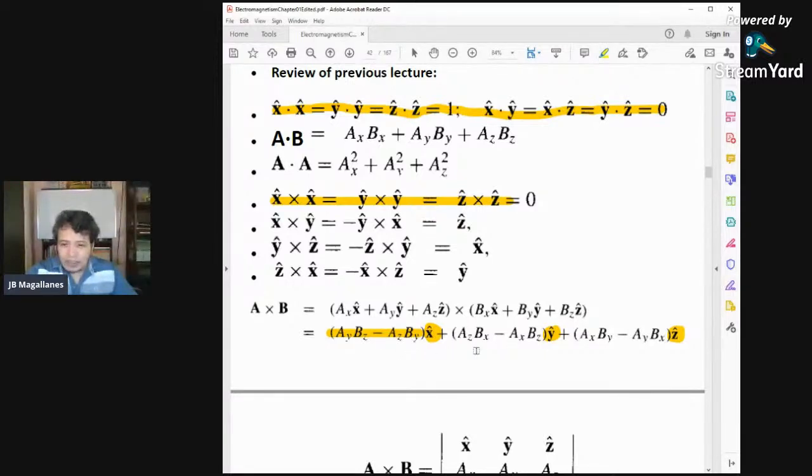For the y component, the term is composed only of z and x components. And look at the z component. It's only composed of x and y components. This is for A cross B. And for A dot B, you only have this. There's no direction for that product.